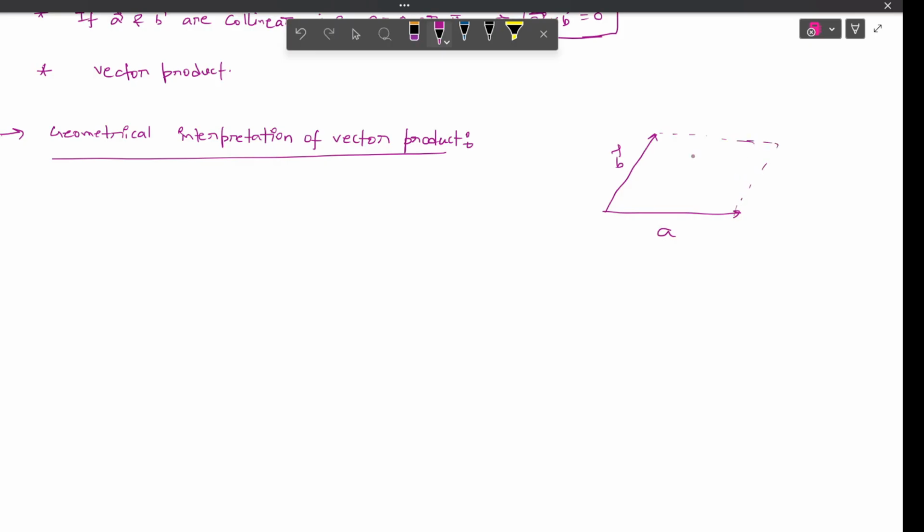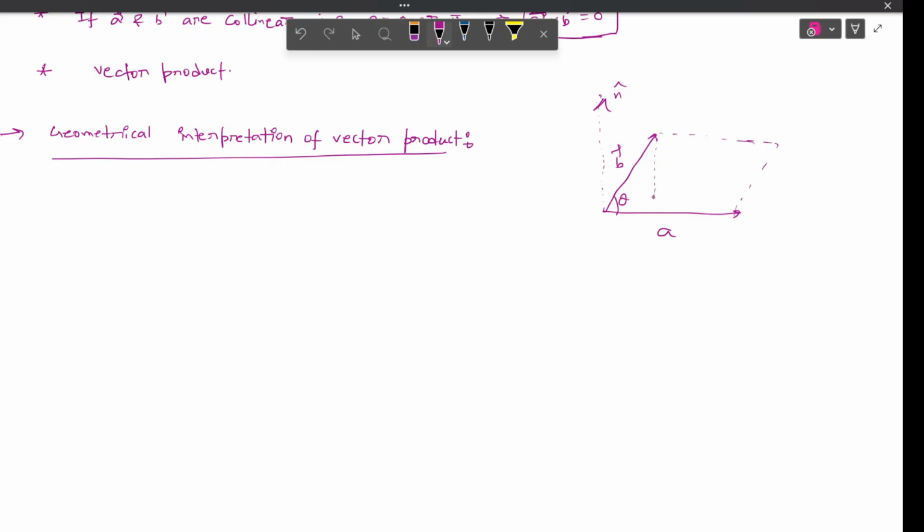If we draw in this manner, then it will constitute a parallelogram where this would be B vector, and if this is A vector, then this would be A vector. And there is a direction vector perpendicular to both A and B. So this is your n cap. Now the angle between A and B is theta.